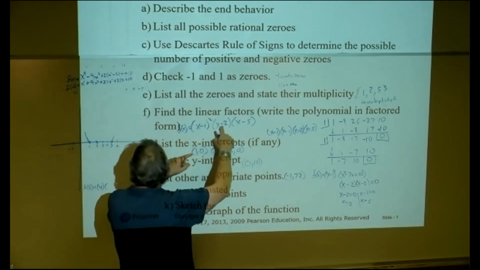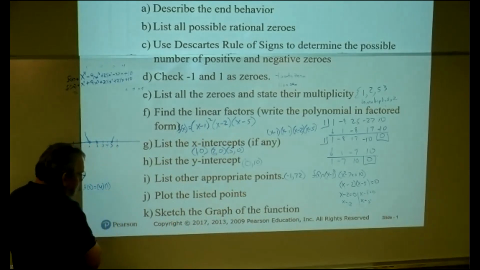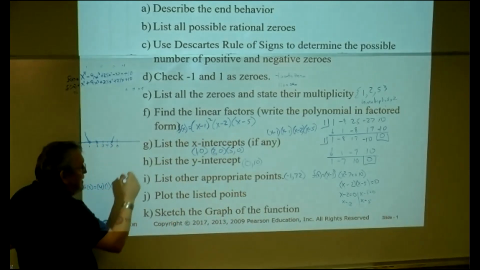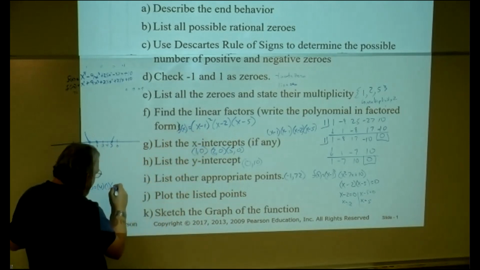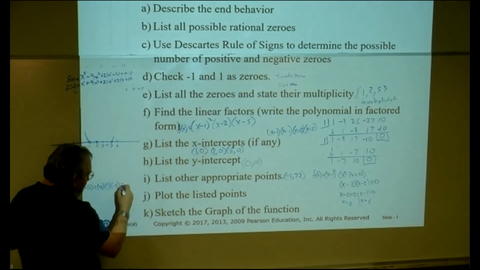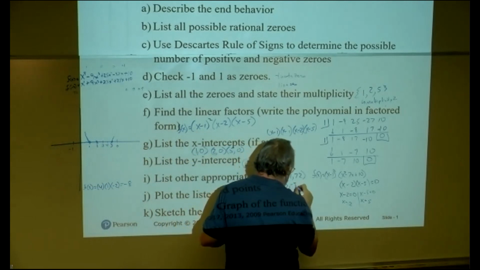Then 3 minus 2 is 1. And then 3 minus 5 is negative 2, which gives me negative 8. So that's the point (3, negative 8).